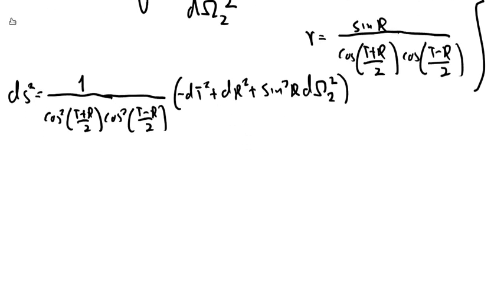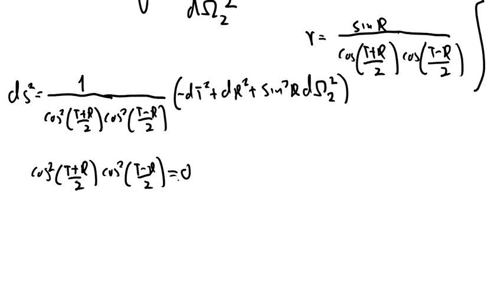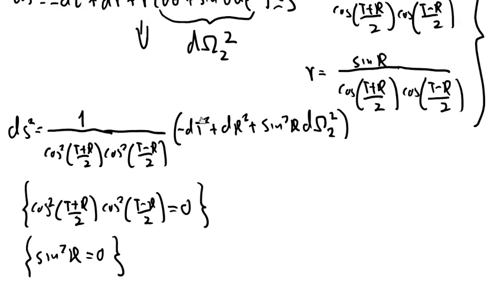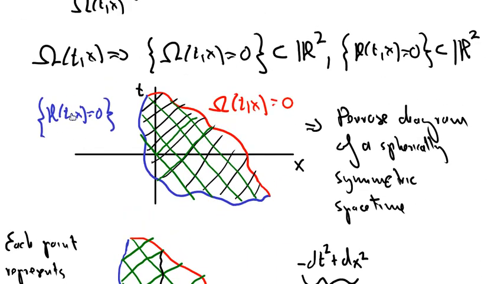We need to find the zero set of the conformal factor, and we also need to find the zero set of this function, which corresponds to what I called before, this function.